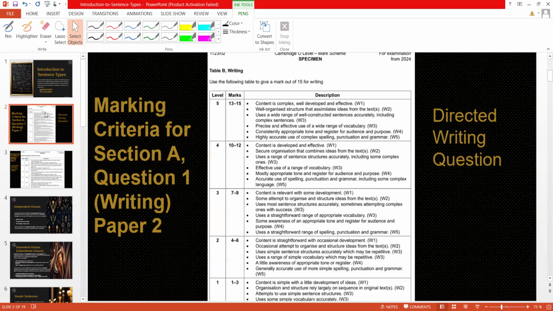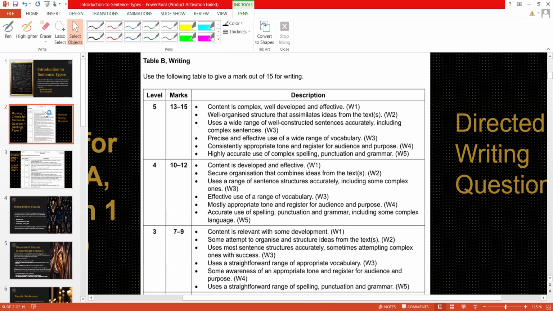If you see it closely, you will find for this part, if you see the third part, what does it say? Uses a wide variety of well constructed sentences accurately, including complex sentences.